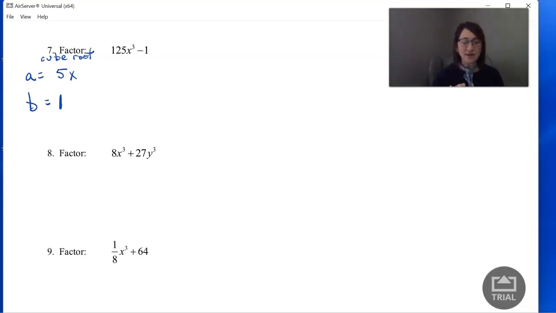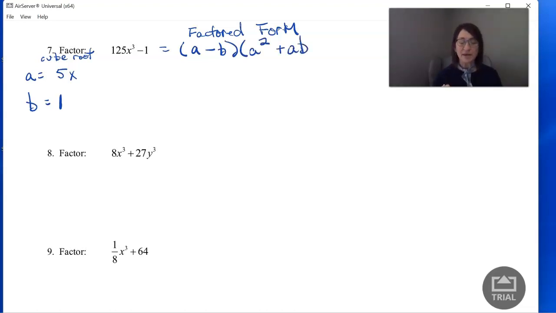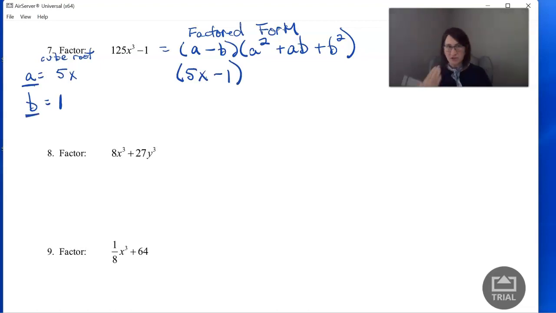So to find the factored form, what we're going to do is take A minus B, then we take A squared plus AB plus B squared. Okay? So now let's just plug in our numbers. So that would be 5x minus 1, because we figured out our A and our B. It's just asking you to plug in the cube roots.